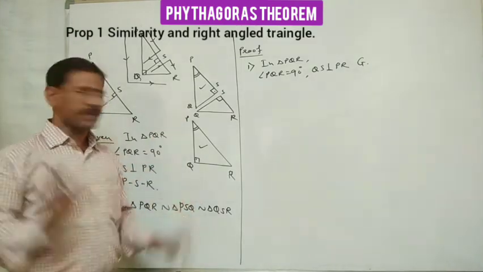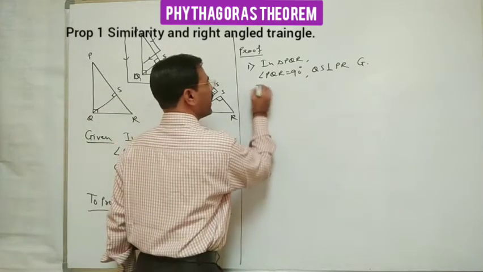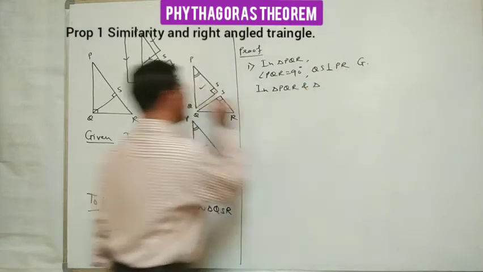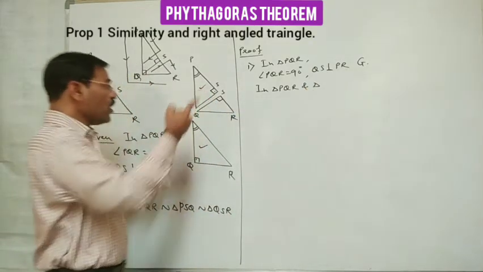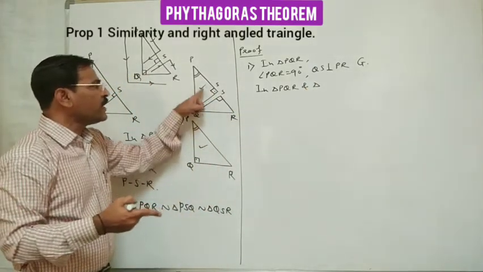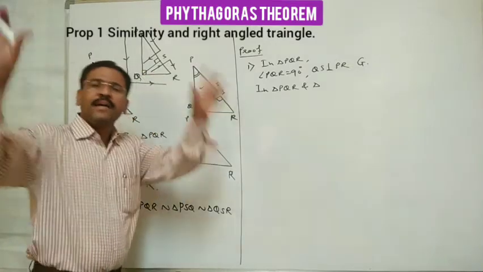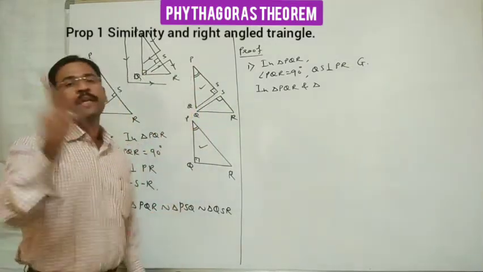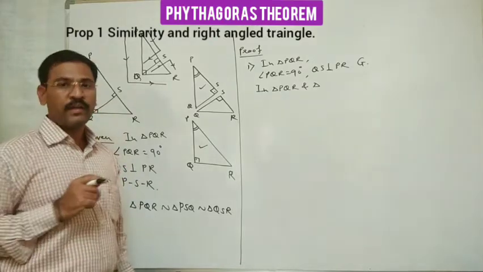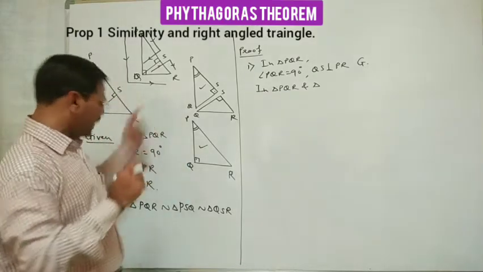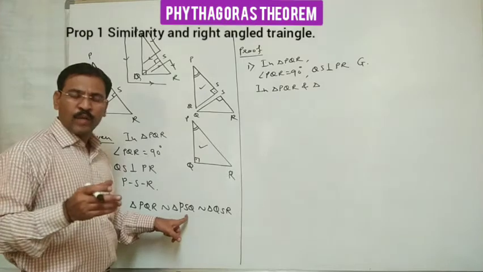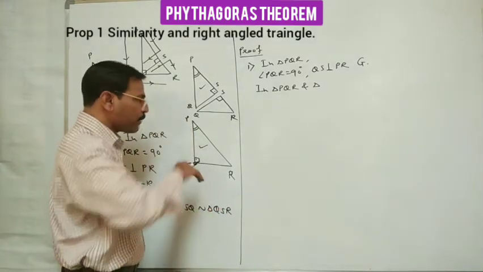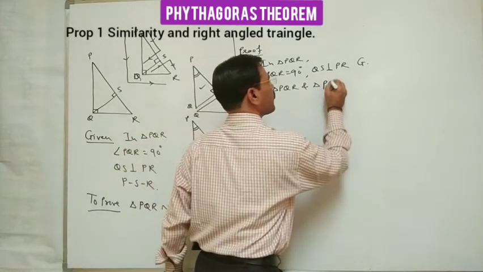Very simple it is. So first I'll take triangle PQR and this triangle. Before proving the two triangles are similar, take any one-to-one correspondence. But when you are writing similar, at that time you have to write in one-to-one correspondence only. So I'll write here PQS.